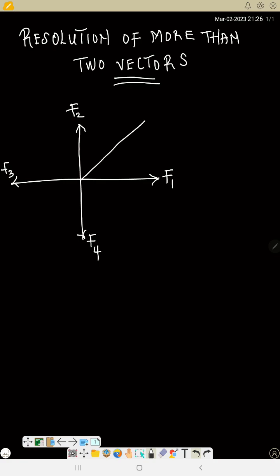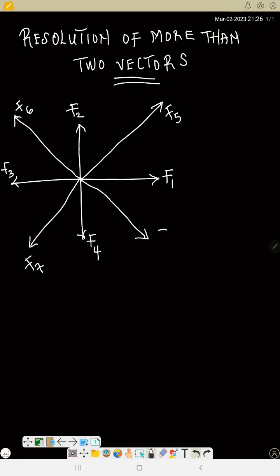Now let me add more: F5, F6, F7, F8. I want to use enough force so that we can see it clearly.